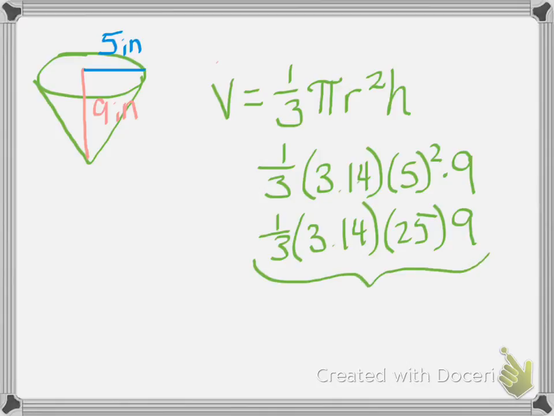And when we do all that, we get 235 and a half cubic inches. I think we might have forgotten the cubed part on the last one. Make sure you always have that cubed when we're talking about volume. So if you were to fill this cone up with ice cream, you would be able to fit 235.5 cubic inches of ice cream.